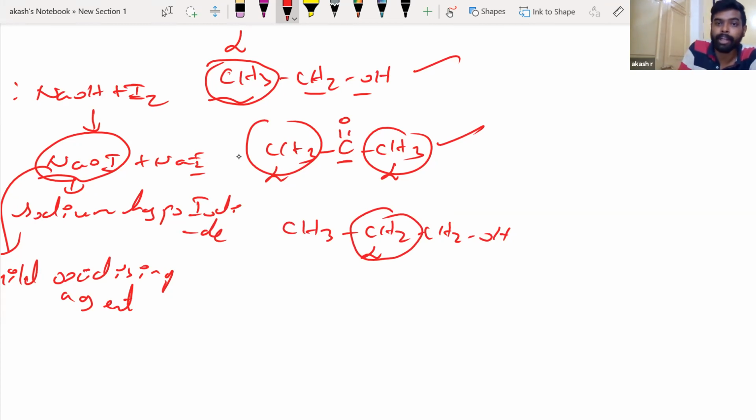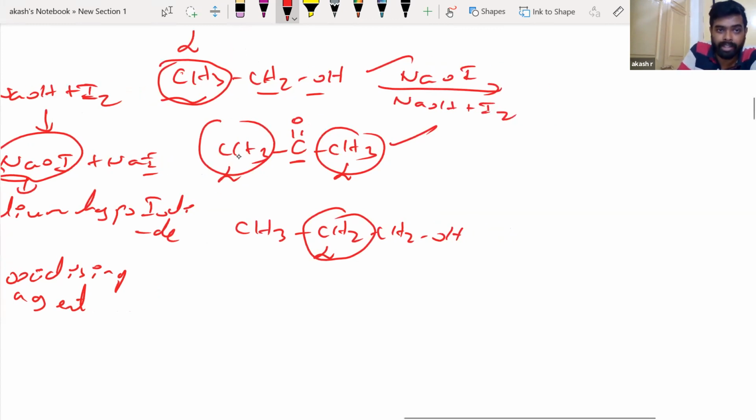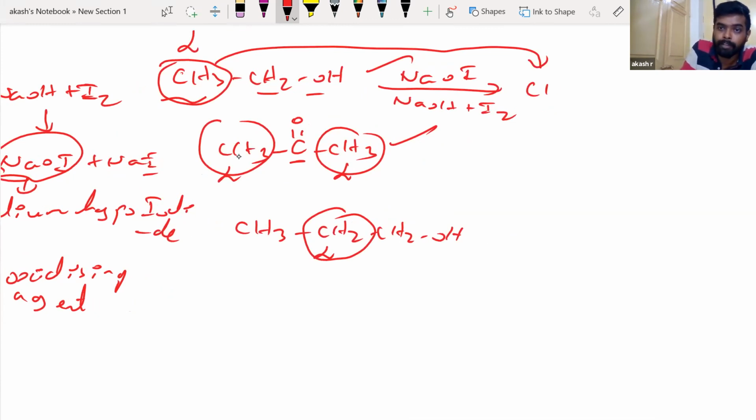Now, when I do it, what happens? How do I confirm that I have an alpha methyl group present? If I go for NaOI, I can also write this as NaOH plus I2, whatever it is. What you understand is this particular carbon, which is the alpha methyl group, will form CHI3. I know CHI3 is iodoform.